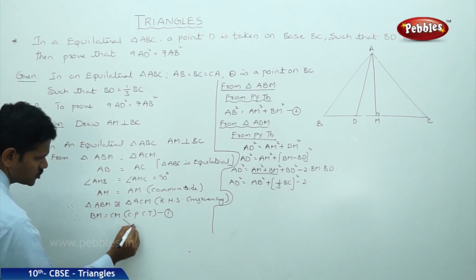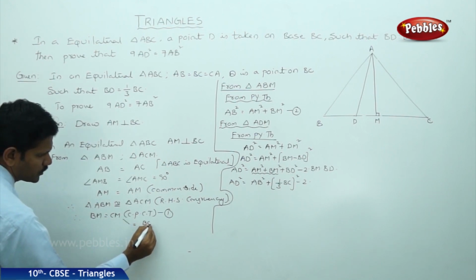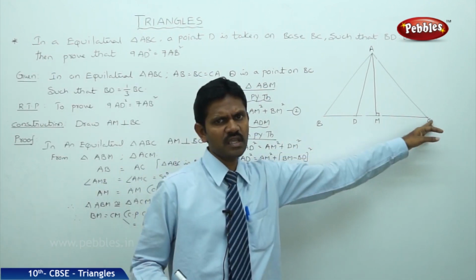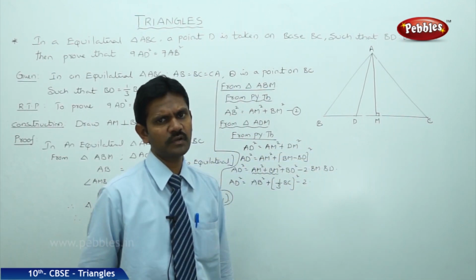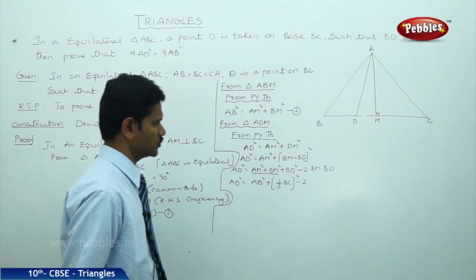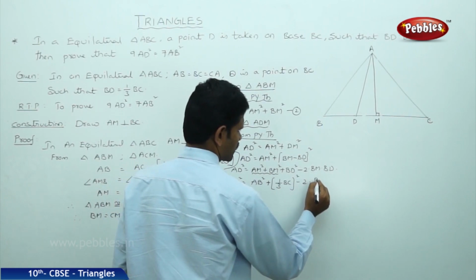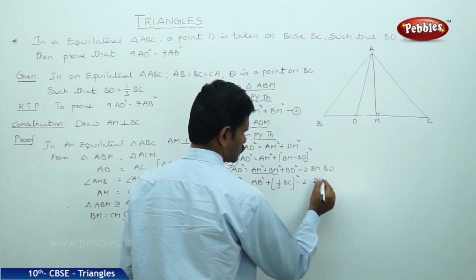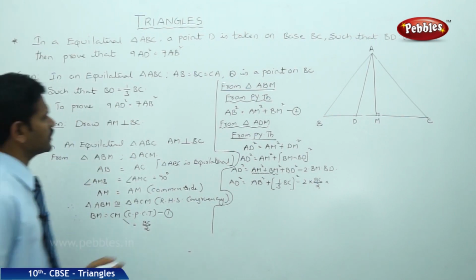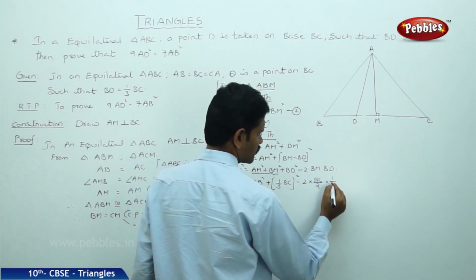Since BM and CM are equal, each value must be equal to BC by 2. Now, BM is BC by 2 and BD is again 1/3 of BC.